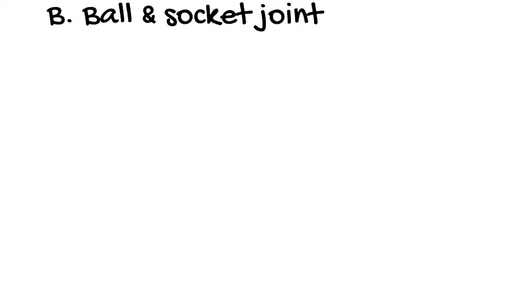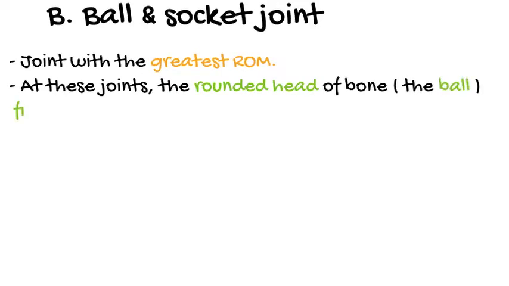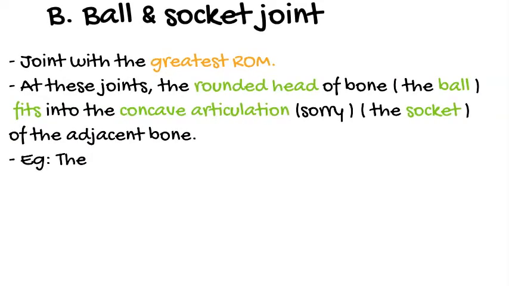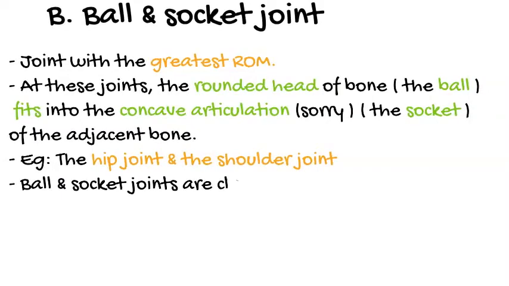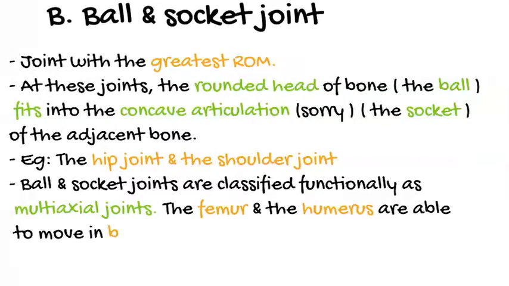B. Regarding the ball and socket joint, it is a joint with the greatest range of movement. At this joint, the rounded head of a bone, the ball, fits into the concave cavity, the socket, of the adjacent bone. Example, the hip joint and the shoulder joint.